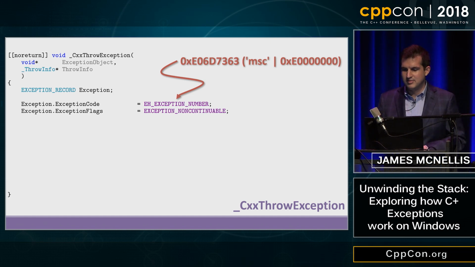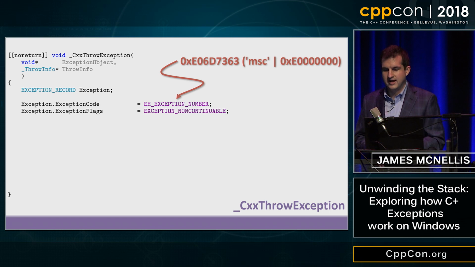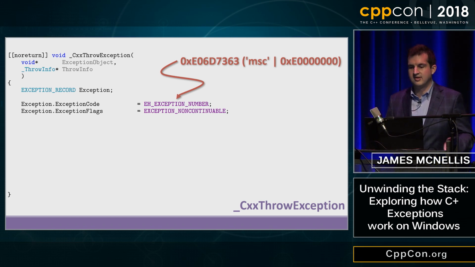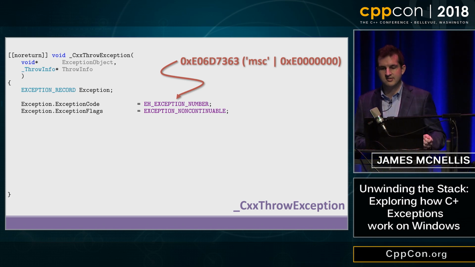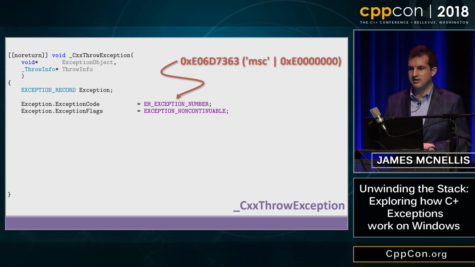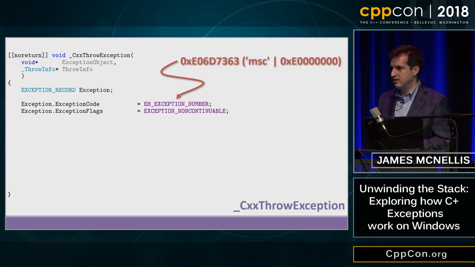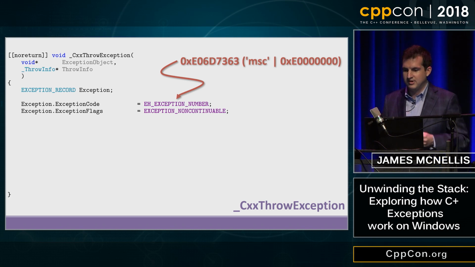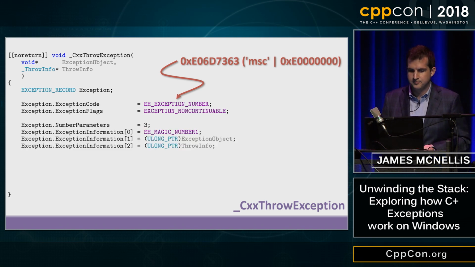We haven't seen many of the flags here, but we set one flag, exception non-continuable. And this prevents structured exception handlers from attempting to continue execution at the site where the exception was raised. So if a structured exception handler tried to handle this, it would not be able to return exception continue execution. The OS would prevent that. C++ exceptions are not resumable in that way.